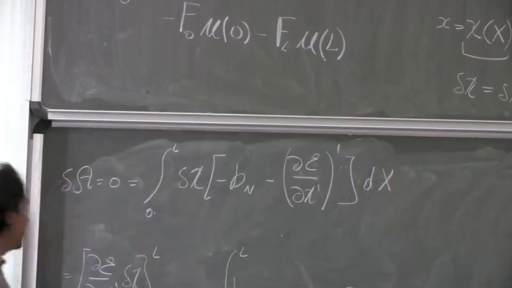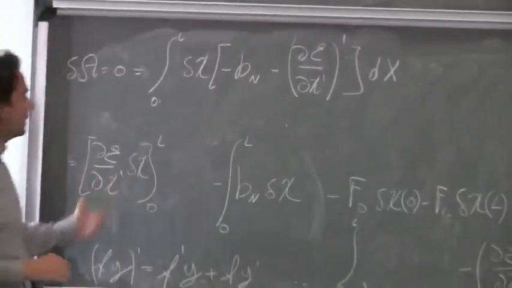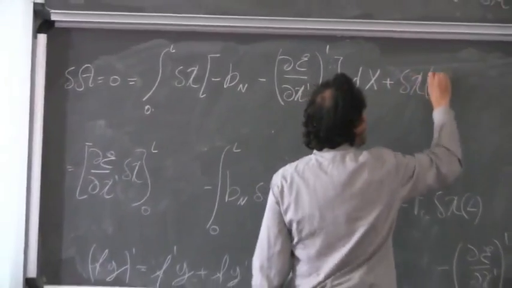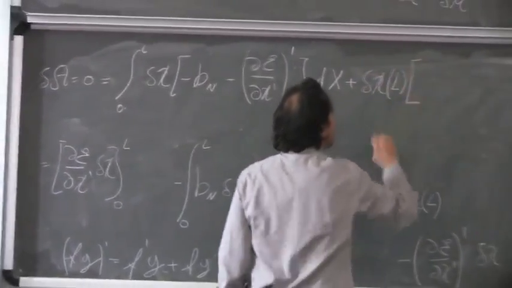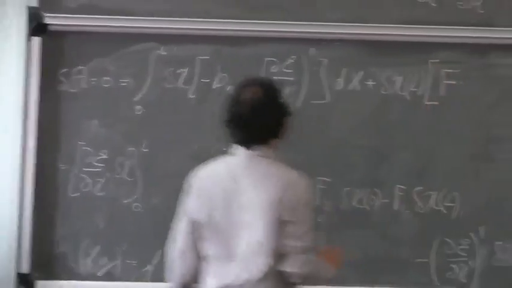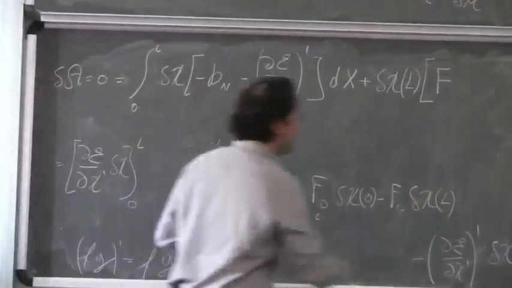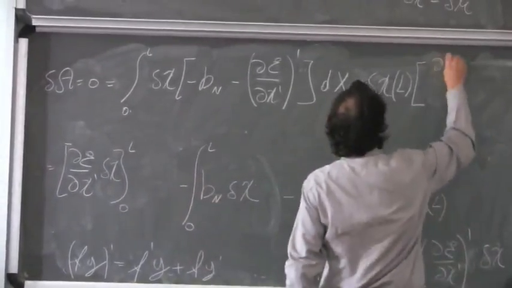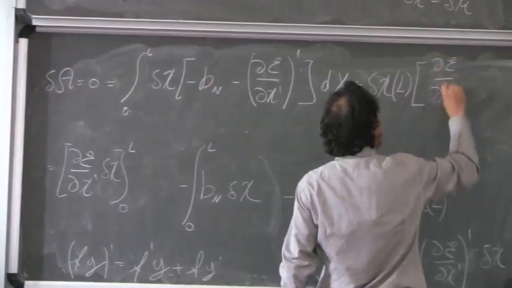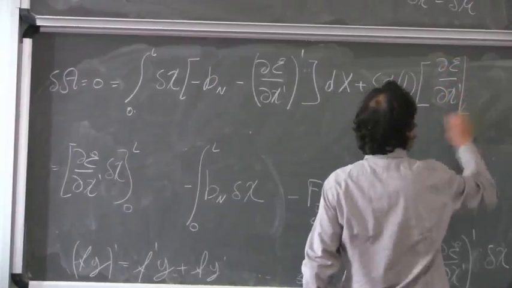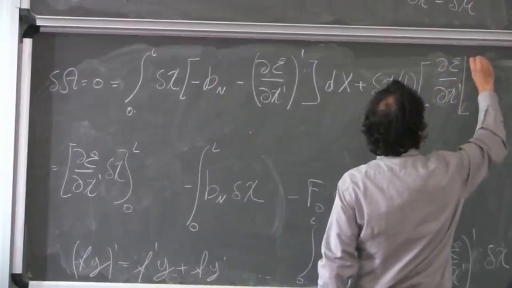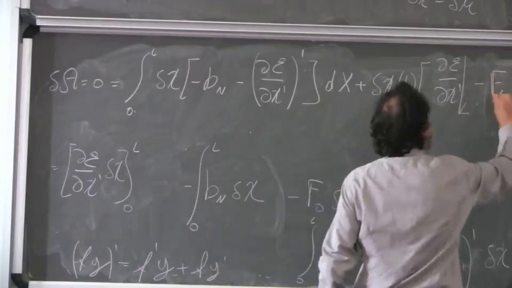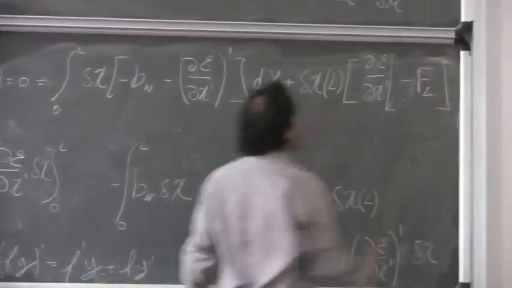And then this evaluated at L, so we can say plus delta t evaluated at L that multiplies the derivative of E with respect to t prime at L, minus FL.